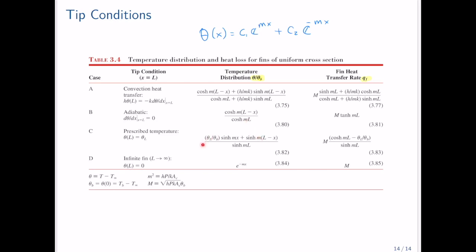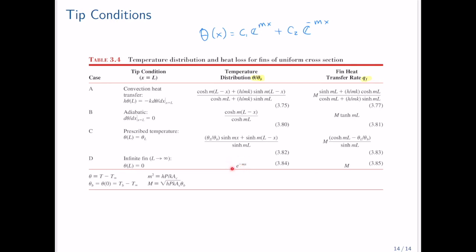When we have prescribed temperature, we have this expression, and the heat transfer rate is given by this expression. And in the case of the infinite fin, when the fin is very, very long, and probably thin also, we can consider that the temperature distribution is just e to the minus mx.